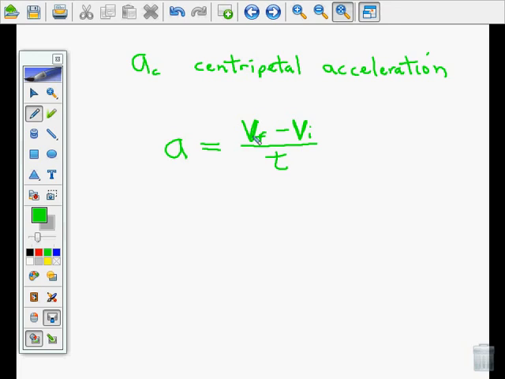Velocity is really a vector quantity. Sometimes physicists put a little arrow above the symbol like this to remind themselves that these are vector quantities that have direction. And just like with vector addition, where you can have a 3 vector and a 4 vector equal a 5 vector, 3 plus 4 equals 5, yeah, when they're at right angles to each other.